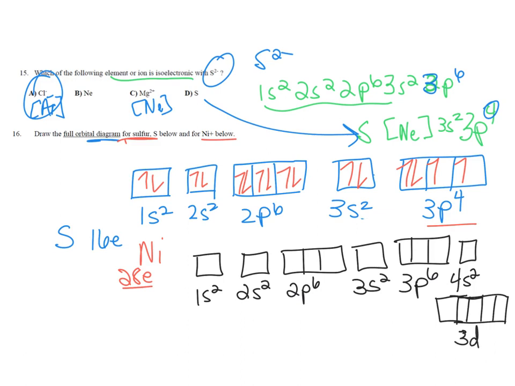If you look at where nickel is in the d block, I'm going to count: 1, 2, 3, 4, 5, 6, 7, 8. So that's 8. And you can go ahead and put in your electrons for nickel, up to 28.